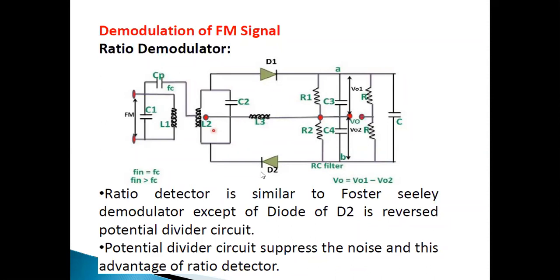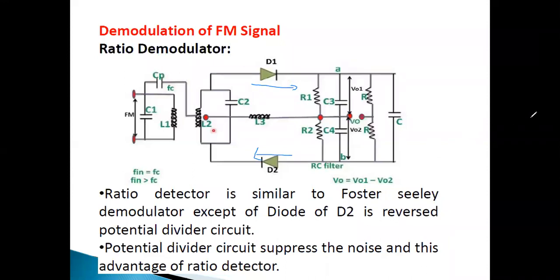Here the ratio detector operation is the same as that of the Foster Seeley demodulator, except that the second diode is reversed in potential. The direction of D1 is in this direction, whereas the direction of D2 is like this. That is the only difference.